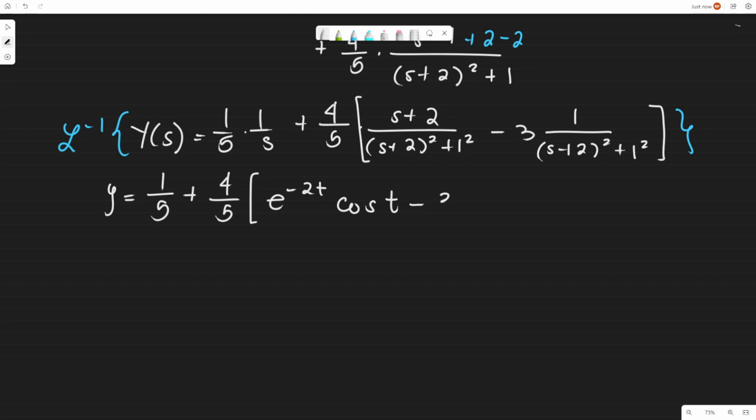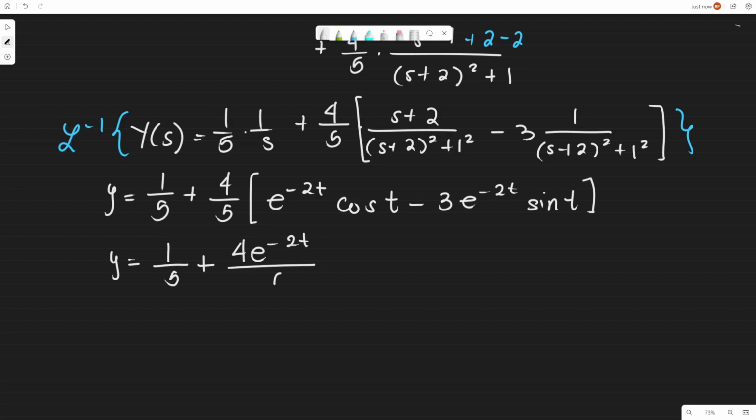Okay, minus 3 e raised to negative 2t sin t. Okay? So, common si e raised to negative 2t, pwede ko siya i-factor out. No? So, therefore, we have y is equivalent to 1 over 5 plus 4 e raised to negative 2t over 5.